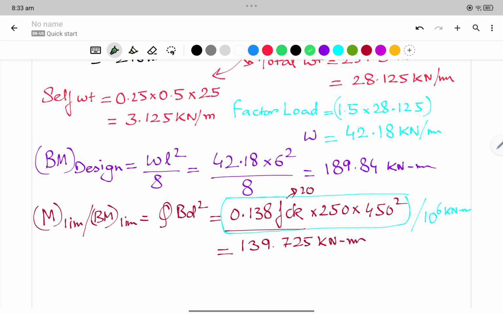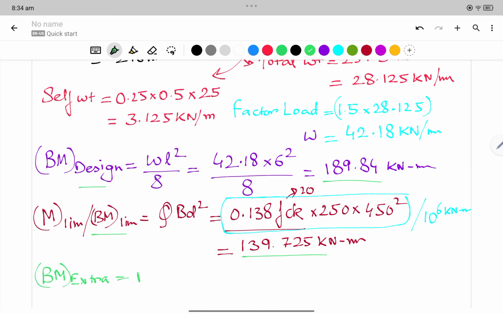Okay, now we will calculate the bending moment extra. See here, the bending moment limiting value is 139.725, but the bending moment coming actually is 189. So some extra part is coming. For that we have to give extra rebar. So we will see what the extra part is.